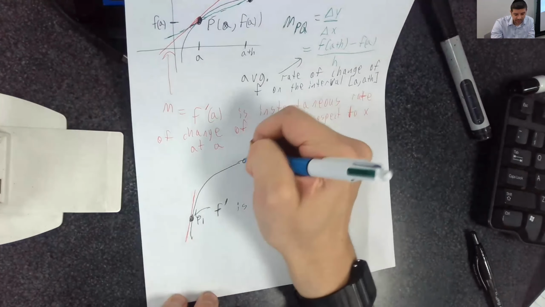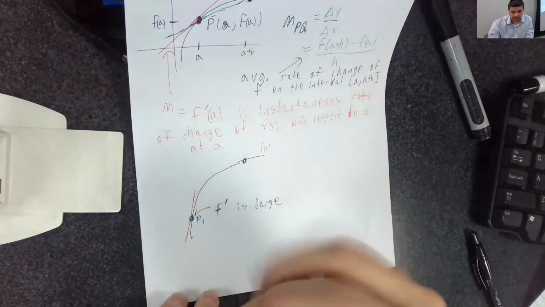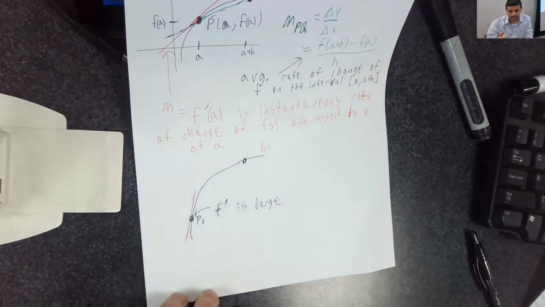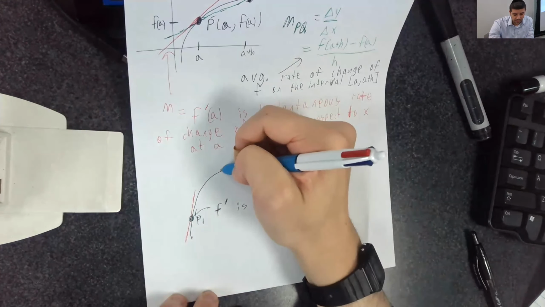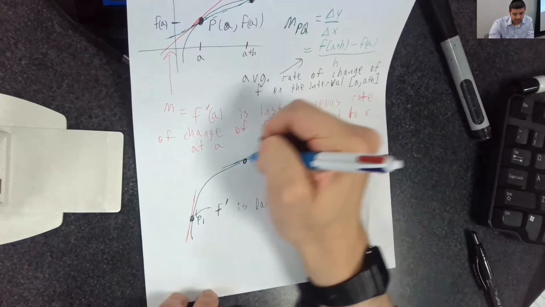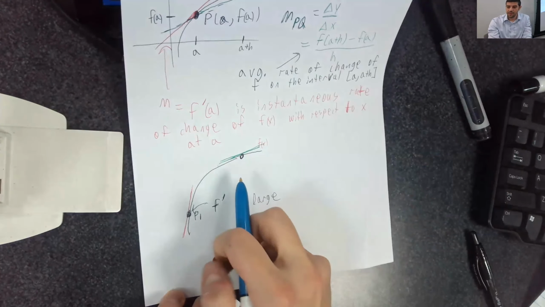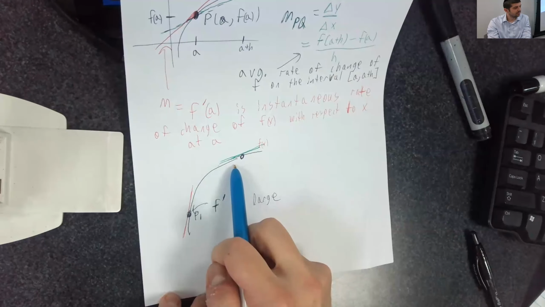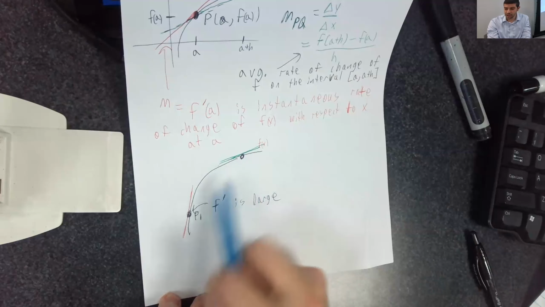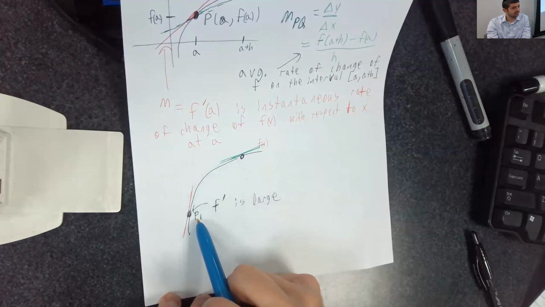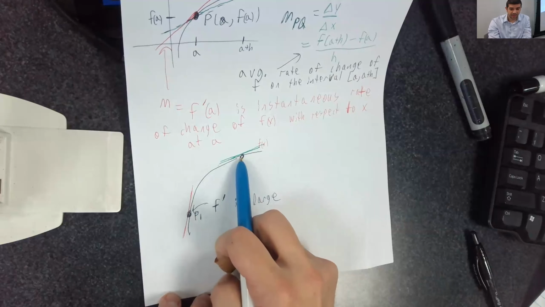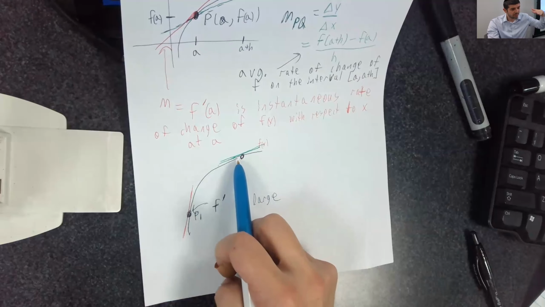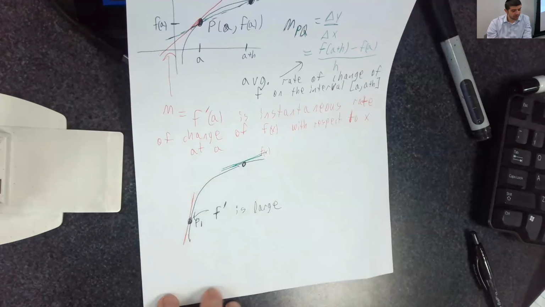And over here, first of all, is the slope positive or negative? Positive, right? Smaller or larger than the previous slope? Right, smaller slope. So it has a smaller rate of change.